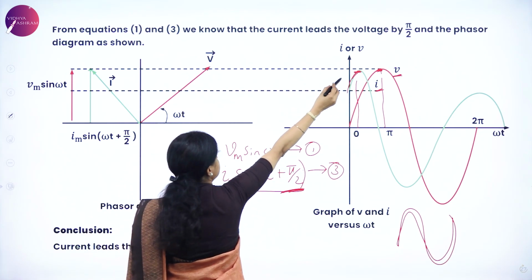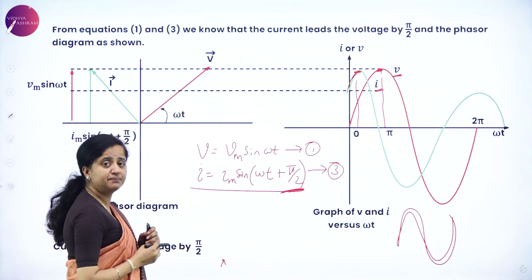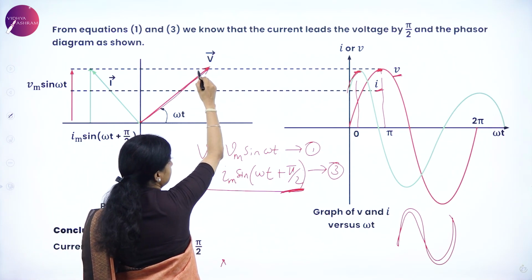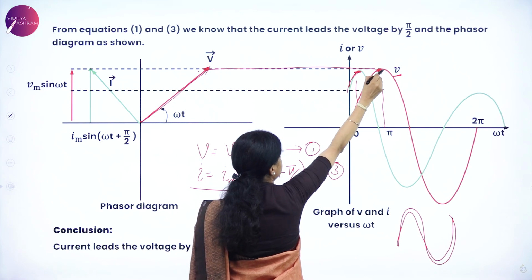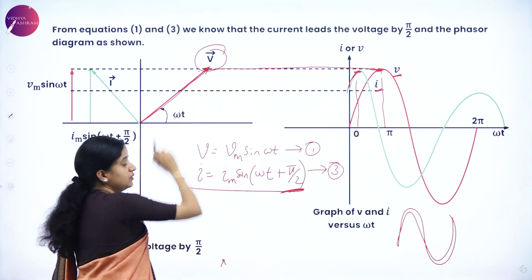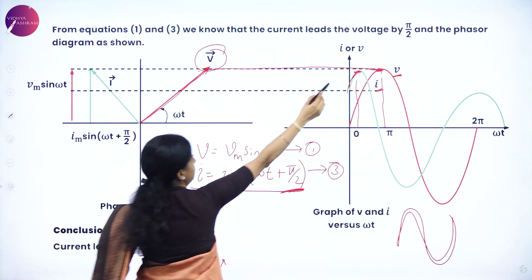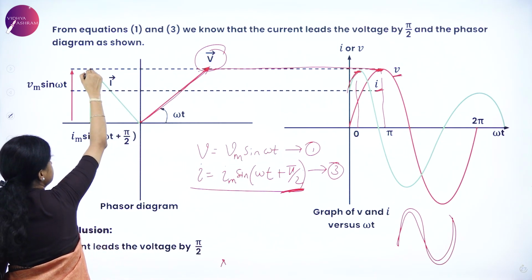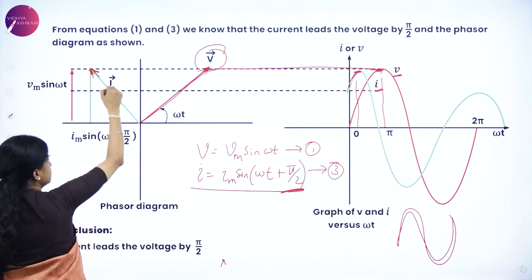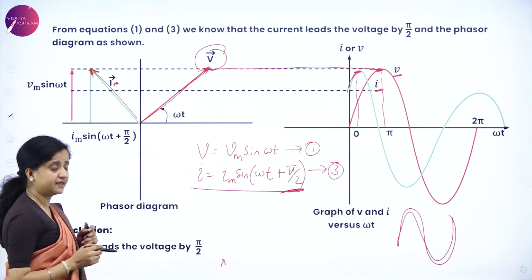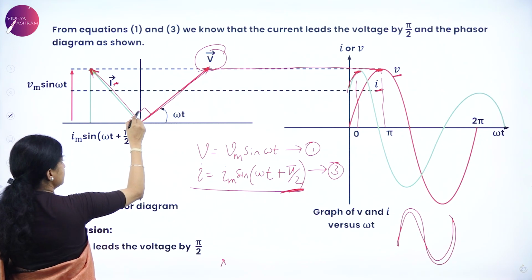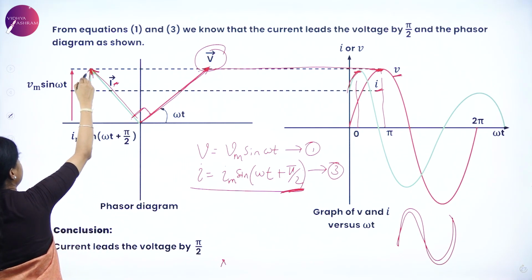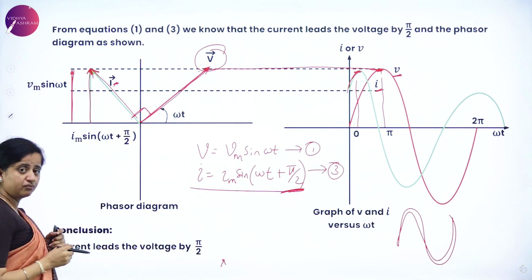So let us extend this to write the vectors which give us the peak values and instantaneous values. So the vector of V here is the peak value of voltage, and here the peak of this green line is current. So that is represented as this vector, that is current. Here you can observe there is a phase difference between current and voltage of about 90 degree, and the projection along the y-axis gives the instantaneous value of voltage and current.